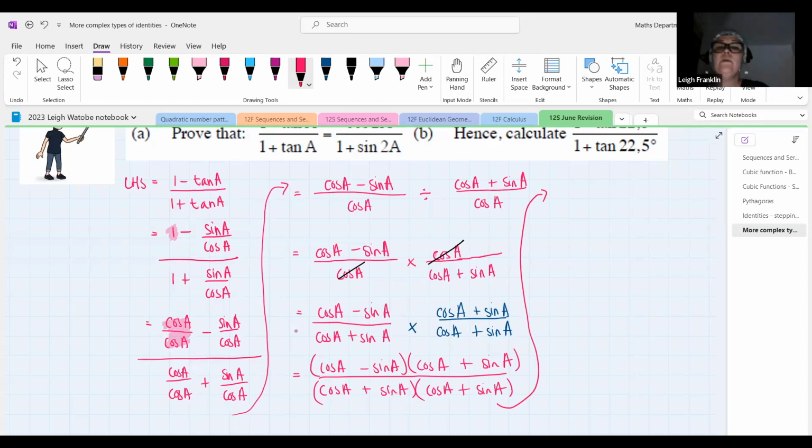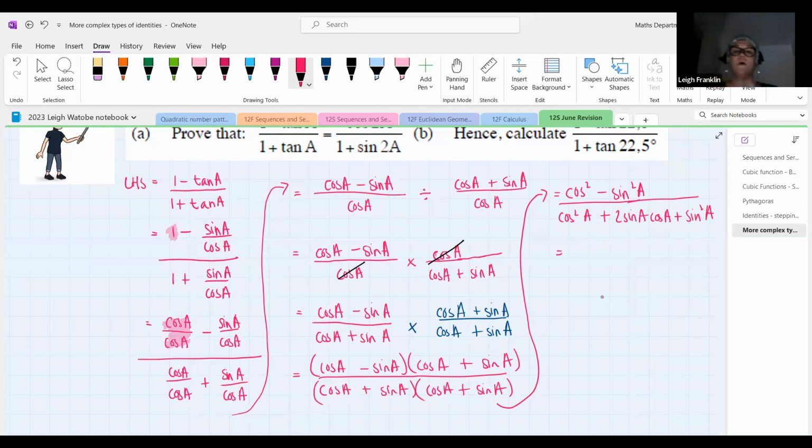When we do FOIL at the top, we would end up with cos squared A minus sine squared A. That's difference of two squares. At the bottom, we're going to end up with cos squared A plus 2 sine A cos A, and then here would be sine squared A, like so.